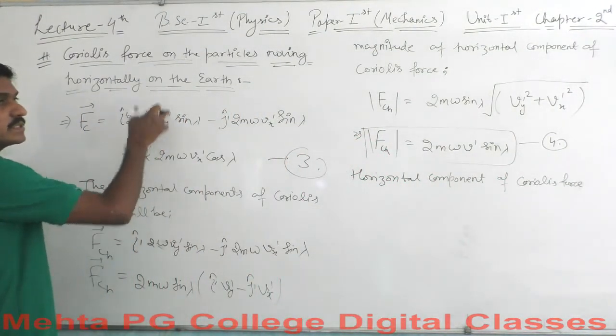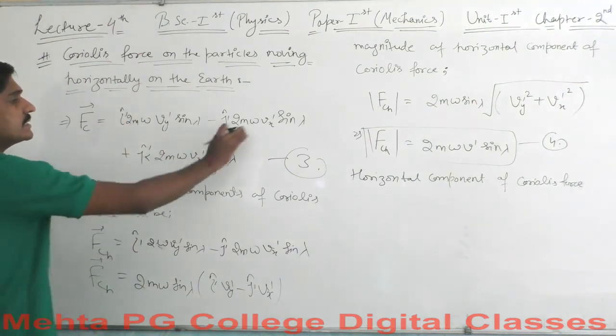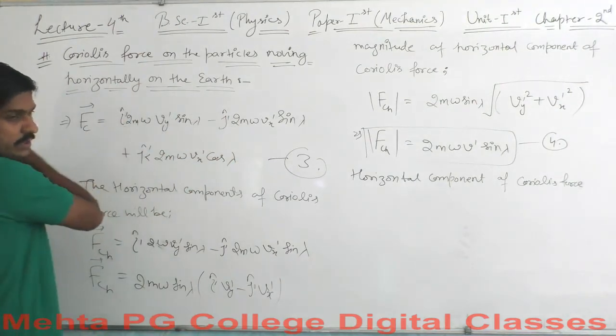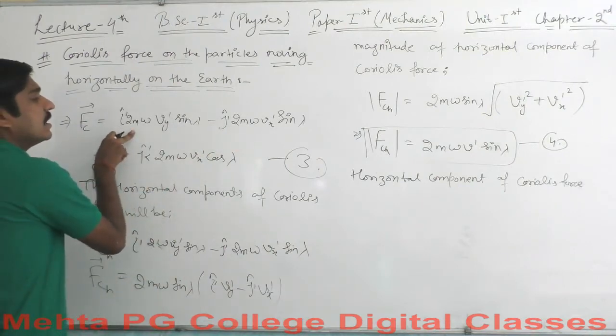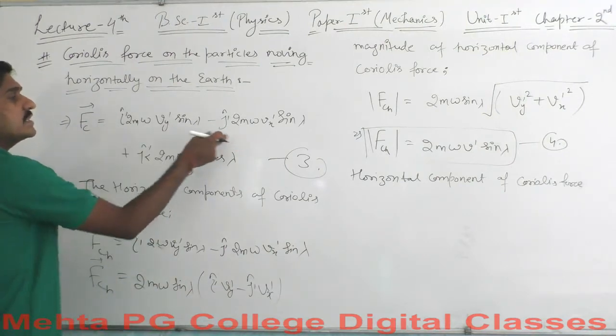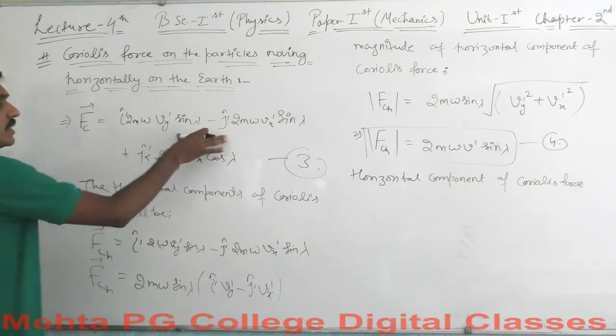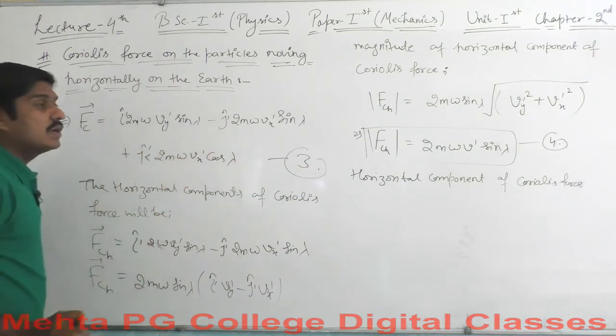Vy represents north to south, and this represents east to west. So this is the eastward component, this is the westward component, and this is the vertical. These two are the horizontal components and this one is the vertical component.